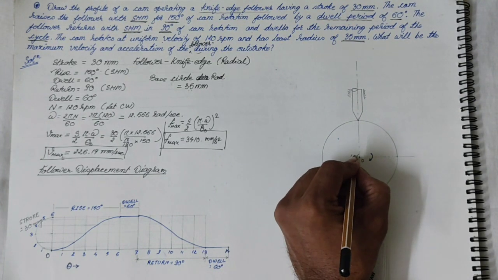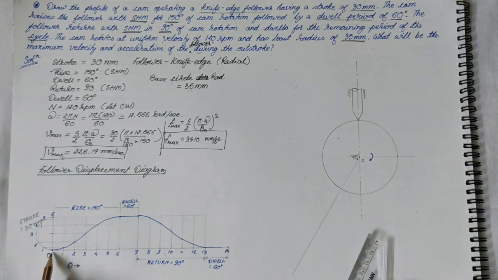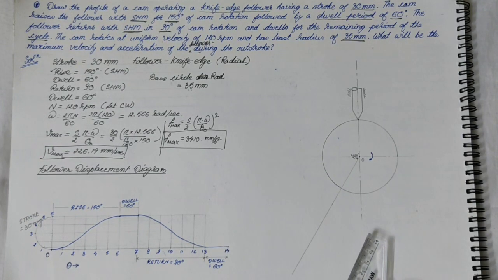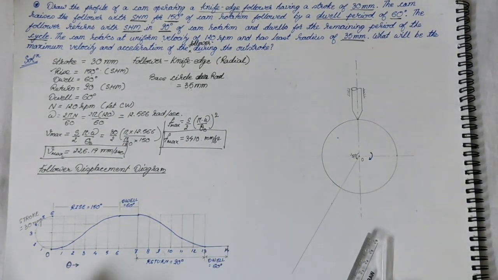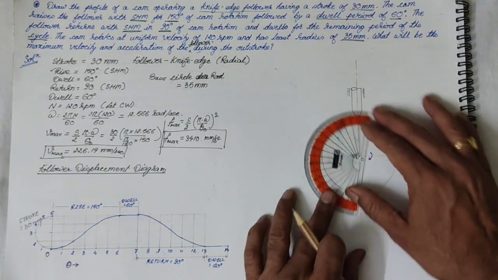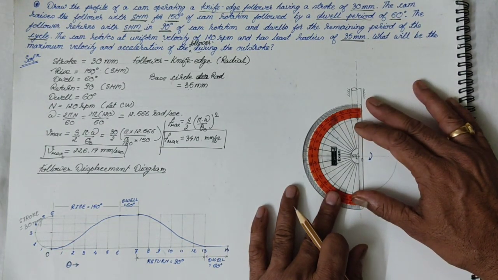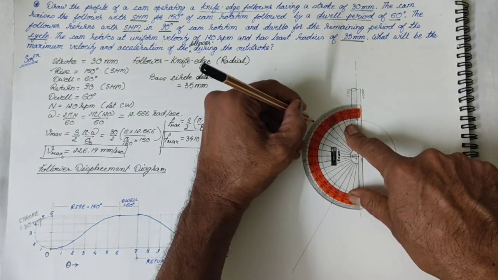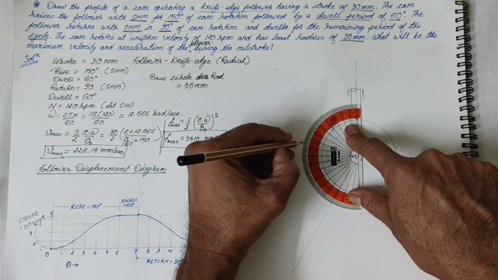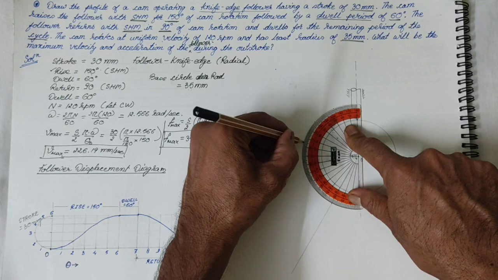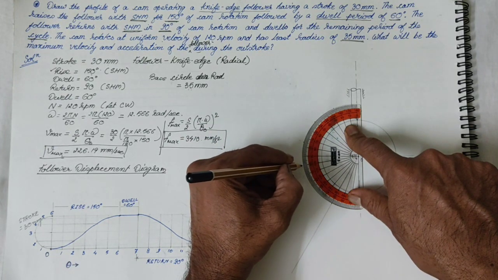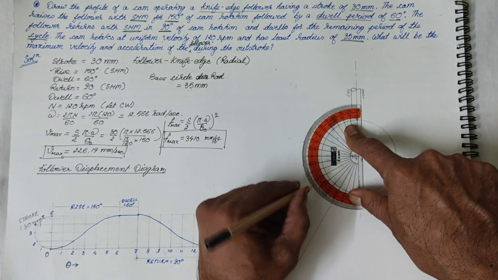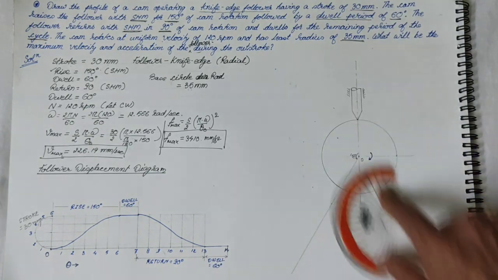Now, for the rise we have divided the rise into 6 steps. So we'll divide this 150 degrees into 6 steps. Each step will then be 25 degrees. So from here, 1, 2, 3, 4, 5 and 6.